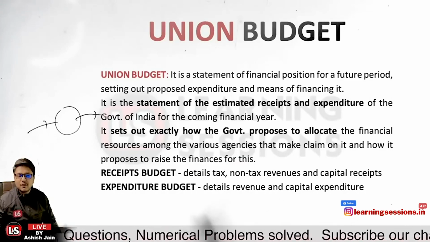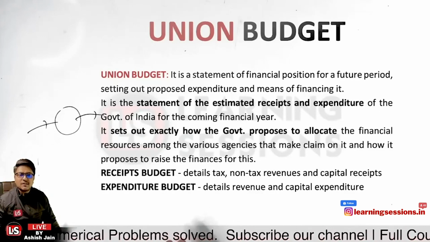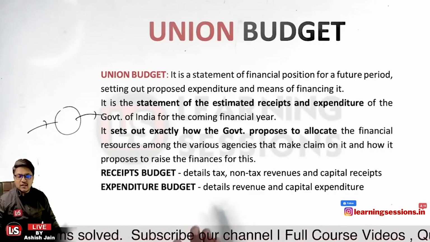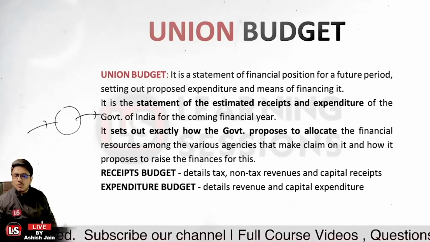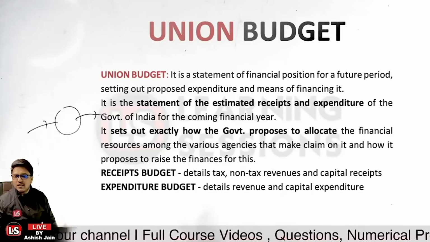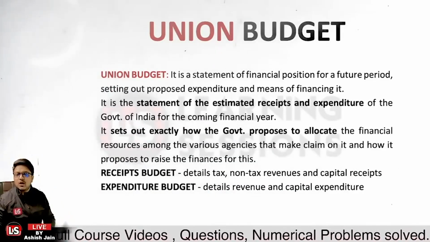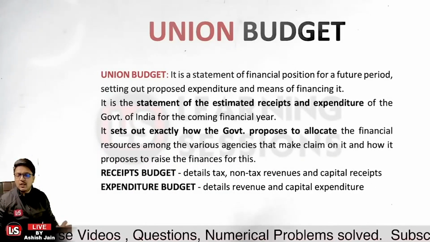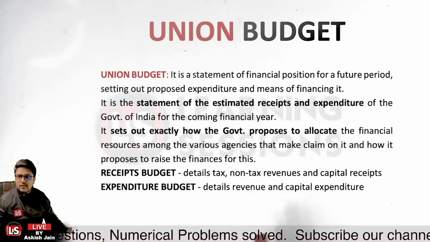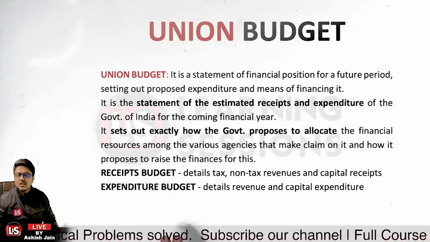And the expenditure budget details revenue and capital expenditure. Revenue expenditure is for the normal working of the government itself. It means that to keep the government running, we need to do some expenses, such as spending on hospitals, education, and maintenance of government departments.